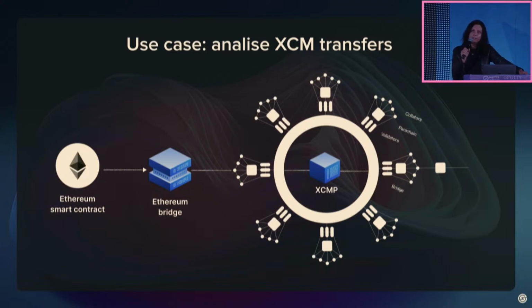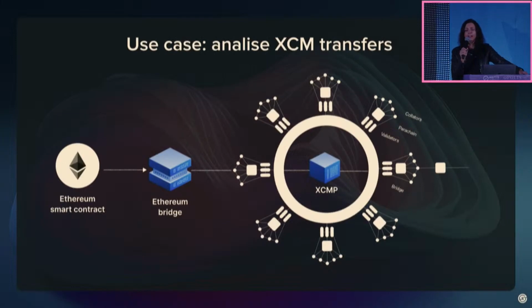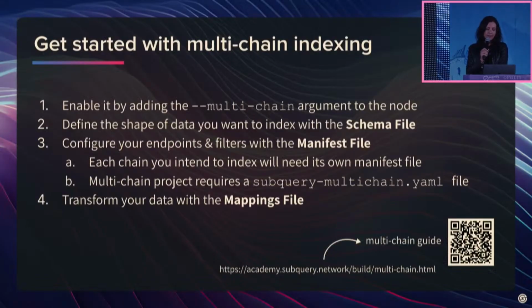This requires you to make two separate indexing projects, and then, for sure, separate tables and maybe even separate databases. And then you have to work on querying, you have to work on unifying this data so you can then use it within your application. And this is something you don't have to worry about with SubQuery.